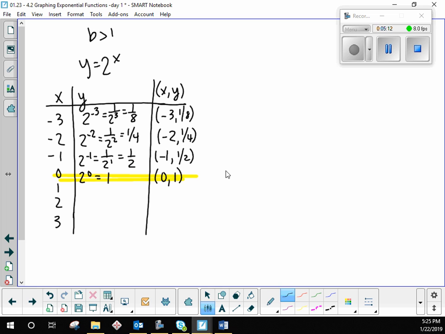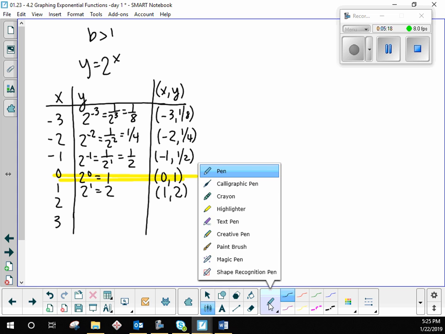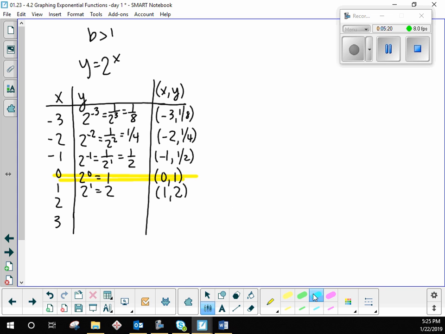Then when I plug in 1, I get 2 to the 1, which is 2. This is another special point, but it won't be the same for every exponential function. What will be the same is that anytime x is 1, your y value will be whatever your base is, because you're putting 1 in for x and that just gives you your base. So these 2 points have some consistency throughout every graph.